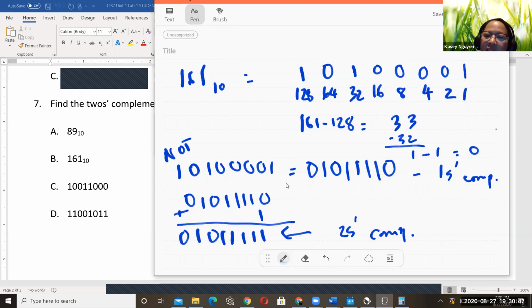So in any case, we wanted to get it to binary. Then from binary, we're going to not the binary, so we're going to flip the bits. That's going to be the first complement, or 1's complement. Then we want to add the 1 to get you to the 2's complement.